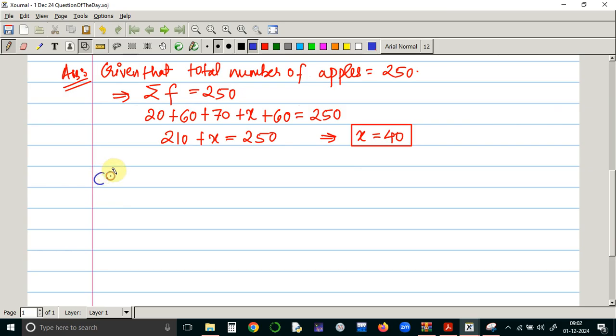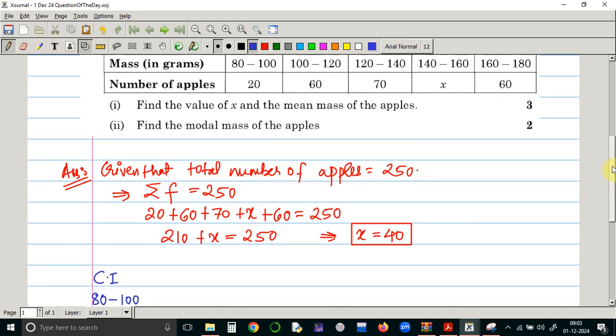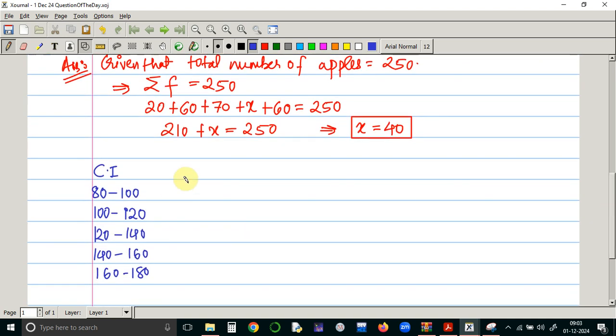Class intervals are the distribution of masses. So we are going to write only the class intervals: 80 to 100, 100 to 120, 120 to 140, up to 180. And we need the class marks, the midpoints of each class interval.